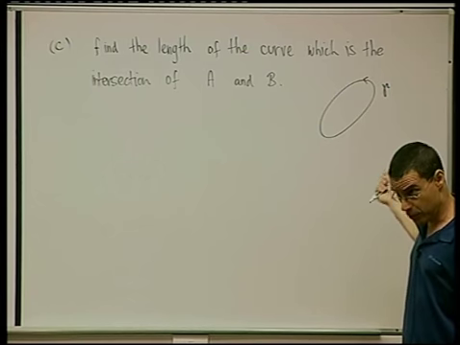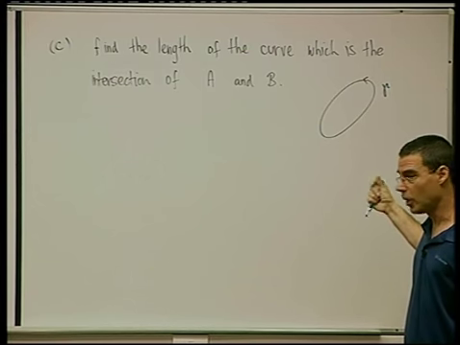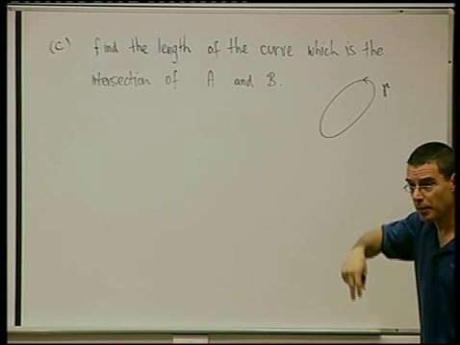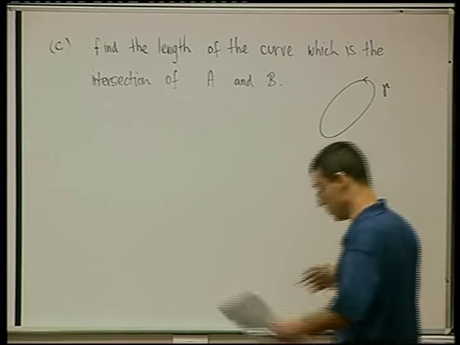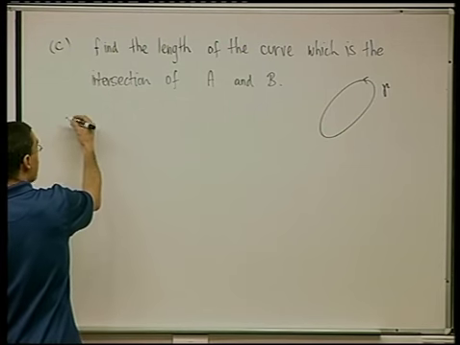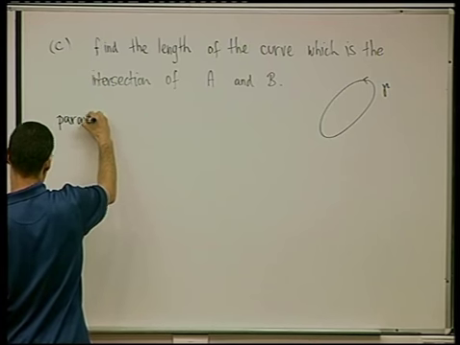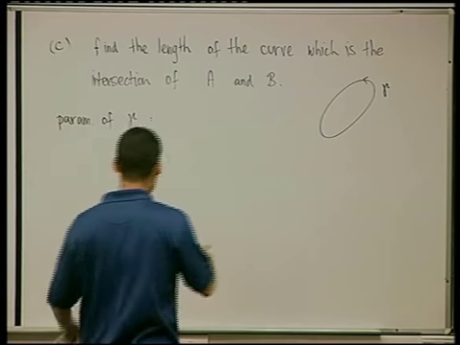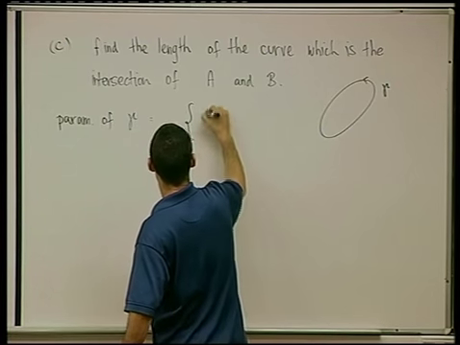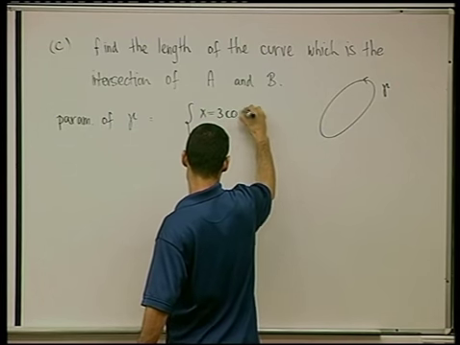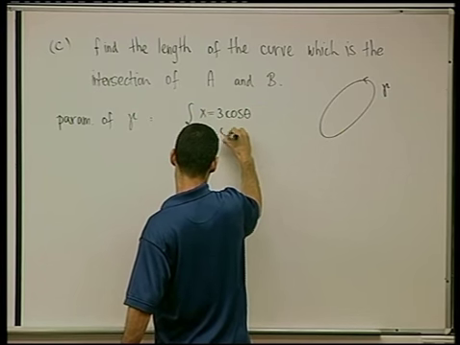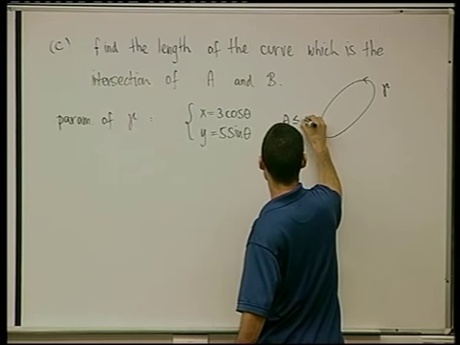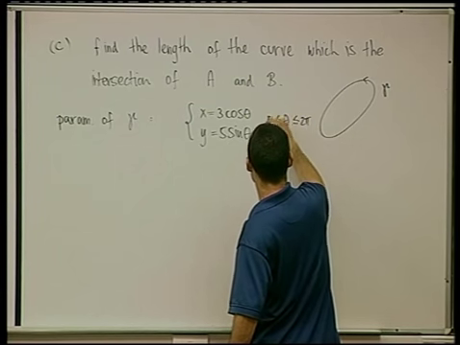Okay. How do we find the length of a curve? Right. We need to parameterize it first. Call the parametrization R. Then we need to find R prime, find the length of R prime, and integrate that. Okay? So let's do that. So a parametrization of gamma is going to be x equals 3 cosine theta and y equals 5 sine theta, where theta ranges between 0 and 2 pi.